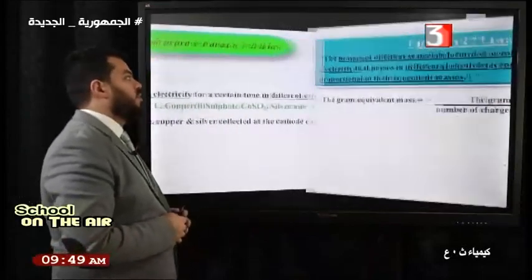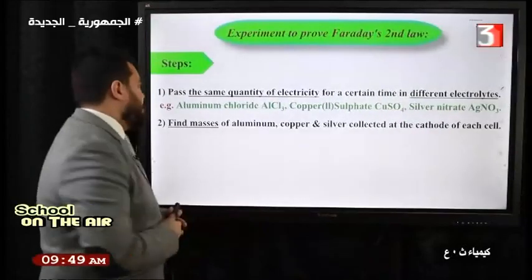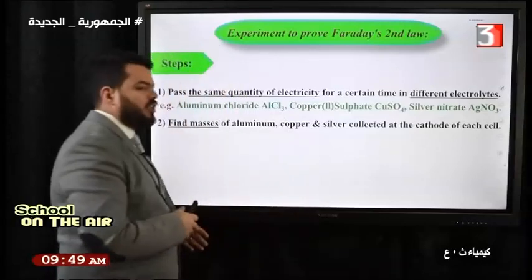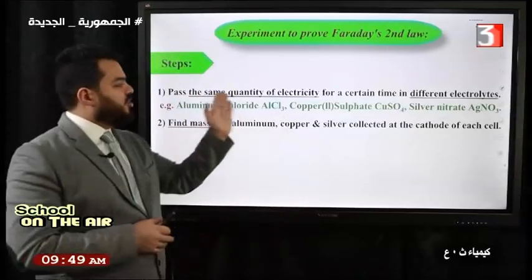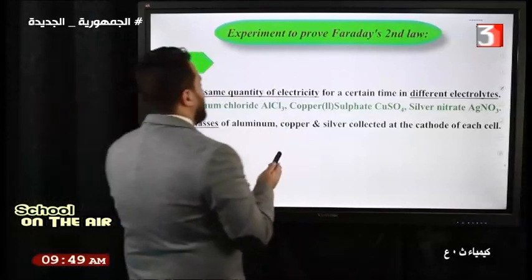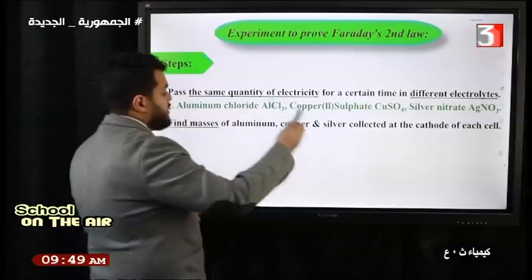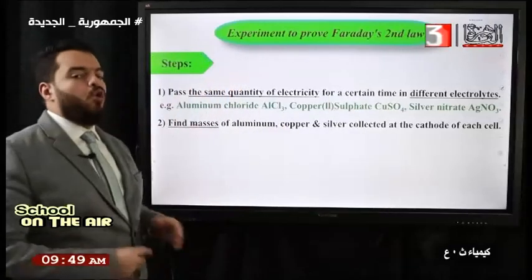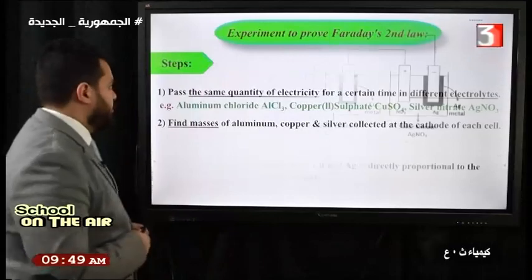In this experiment, he passed the same quantity of electricity in a certain time to different electrolytic cells, and found the mass of aluminium, copper, and silver deposited at the cathode or evolved at the anode.